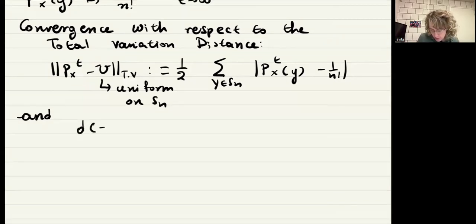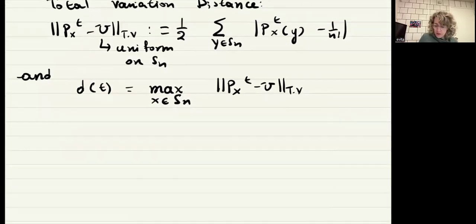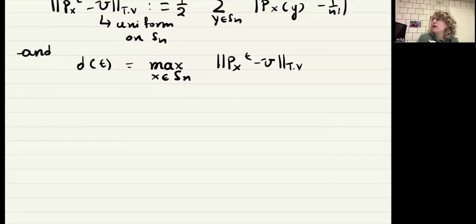However, generally for Markov chains, we like to take the worst case starting scenario. Sometimes I will need the starting point and sometimes I will not, but when I say total variation distance, you can assume I mean the worst case one. So to quantify what I meant by how long does it take for the deck to get shuffled well enough, that's what the mixing time of the card shuffle is.